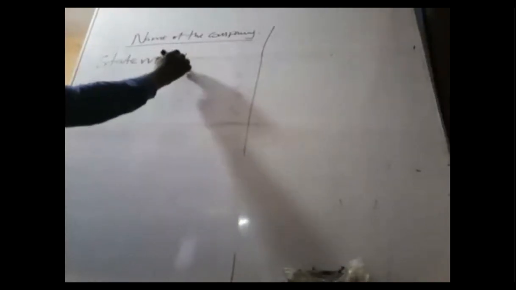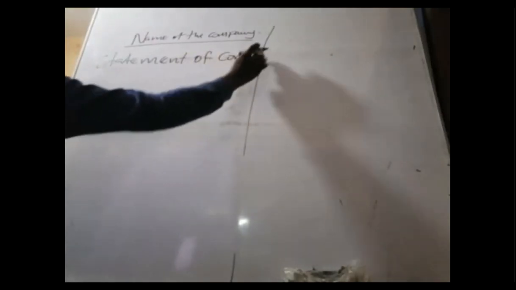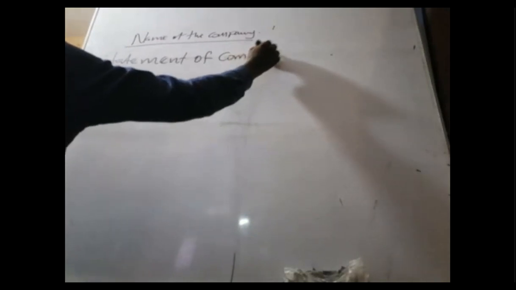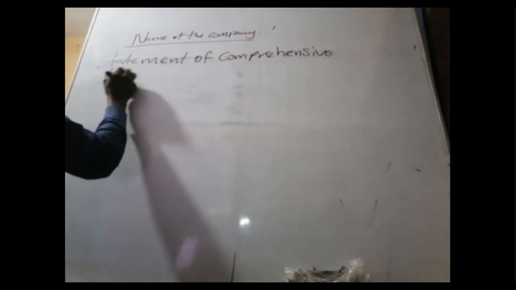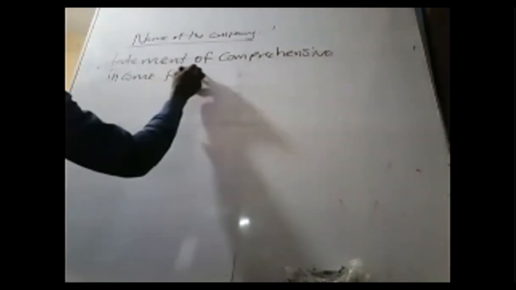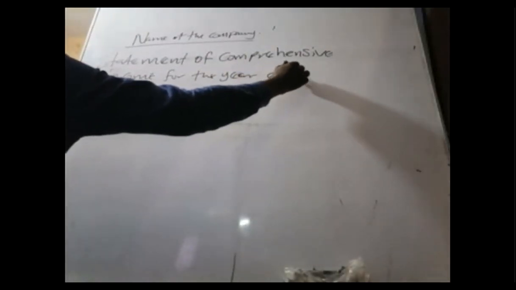Just summarize the question. Now write some heading on the board. Kindly select one, the same way the examiner will pick it. So we have the statement of comprehensive income for the year ended, then you put the date.